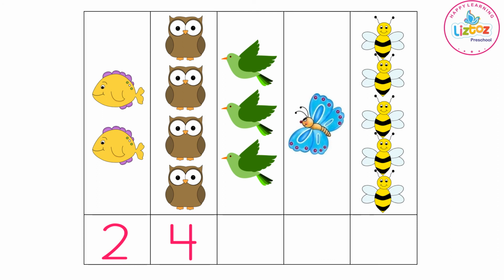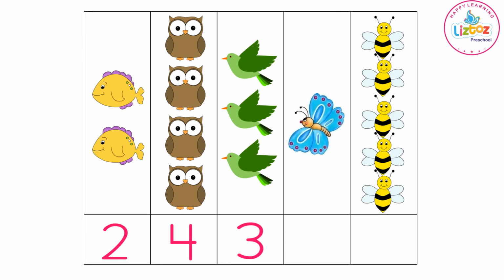We'll move to the next one. How many birds are there? 3. Let us count. 1, 2, 3. So what number do we have to write down? 3.